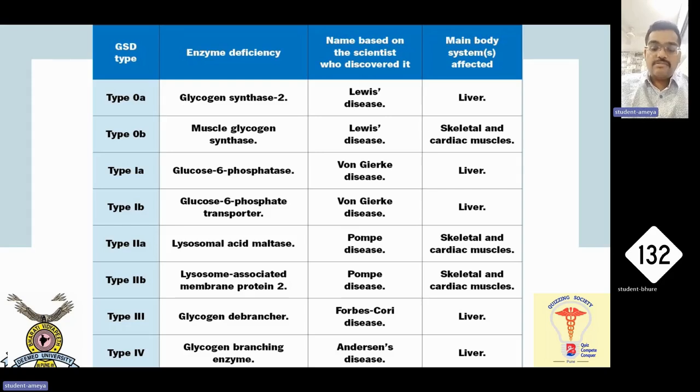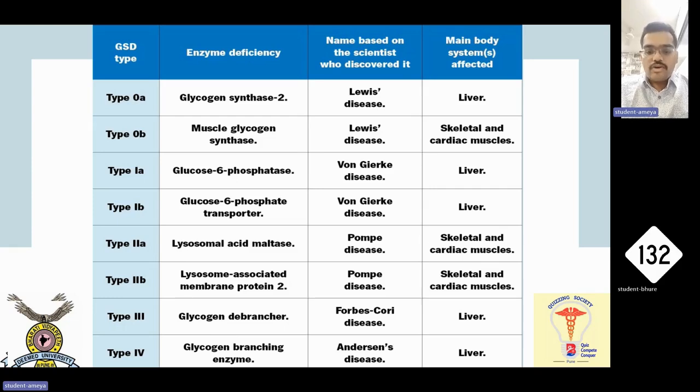The 9 are from GSD 0 to 7, that makes 8 of it, and GSD 11, that is the 9th. Now in this section of the video, I'll only be describing the names of the glycogen storage disorders. And later, when I'll be discussing the mnemonics of this, I'll go into further detail about the enzymes.